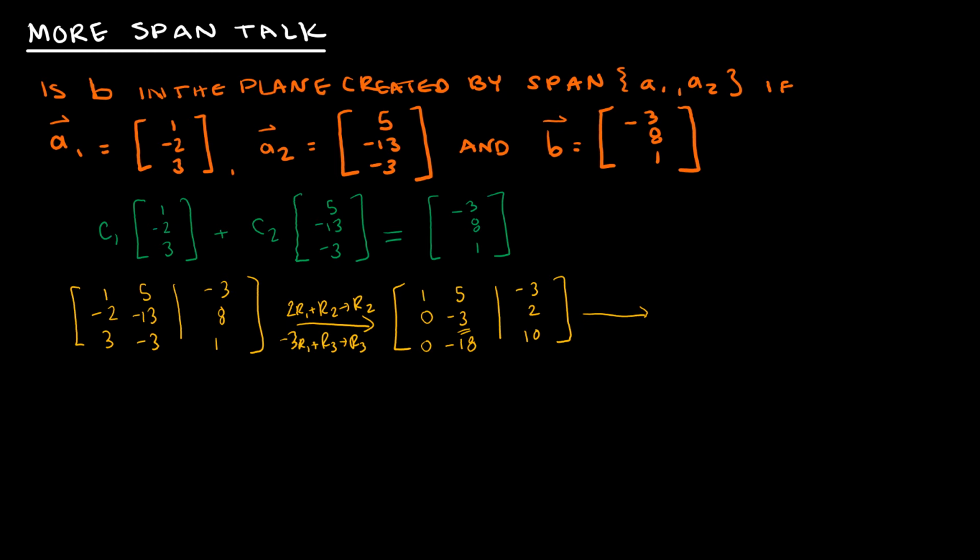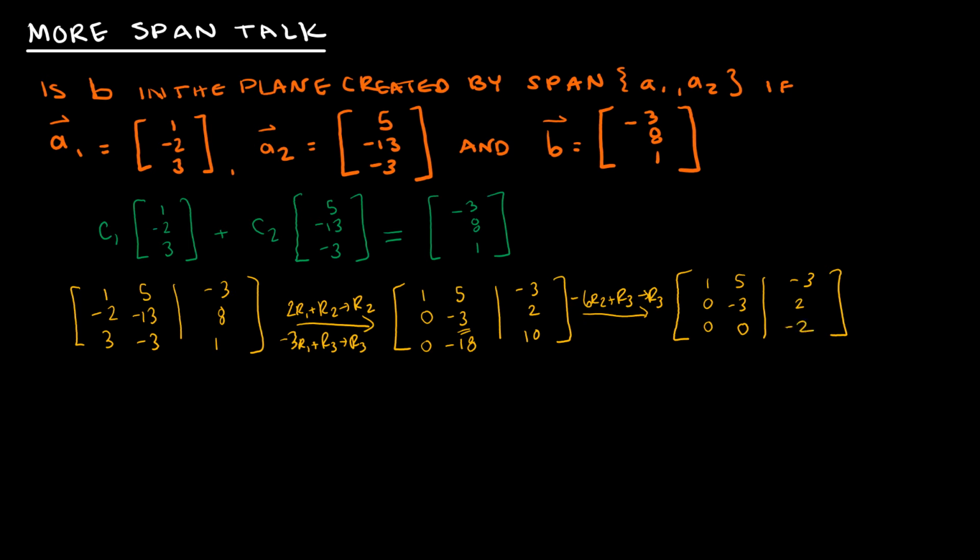If I take negative 6 times row 2 and add it to row 3, then I'll get a new row 3 where I've got a 0 where I want it. So this is still going to be 1, 5, negative 3, and this is still going to be 0, negative 3, 2, and this is going to be 0 and 0, and I get negative 12 plus 10, which is negative 2.